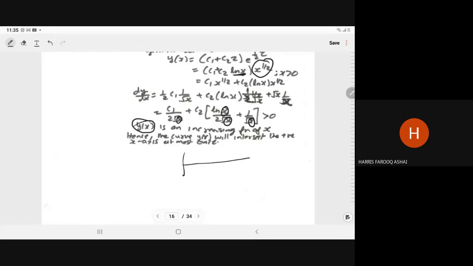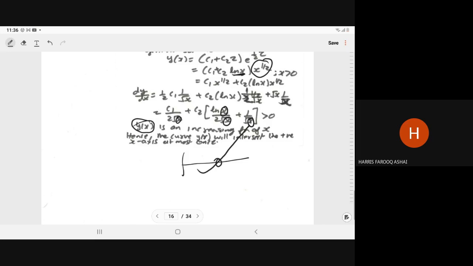So by chance it may cross zero, and after that it will only increase. So it has a finite number of zeros, at most one zero, because y(x) is an increasing function.